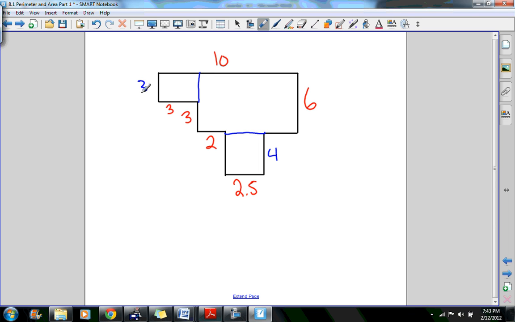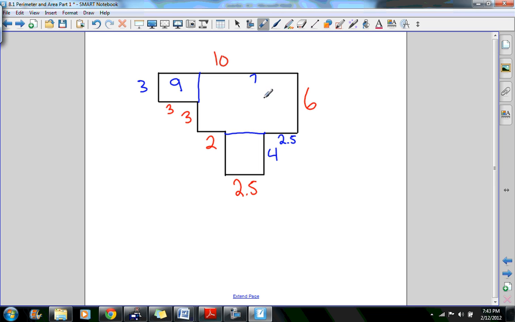So this has to be 3. So this whole measure here is 9. If this whole thing is 10, that means this piece right there is 7. Is that correct? Yeah, because that would be 3, 5, 7.5, and this has to be 2.5 here as well.